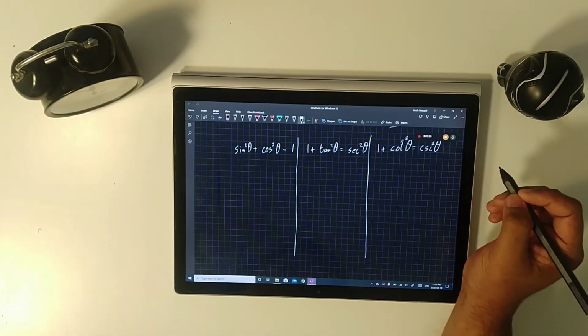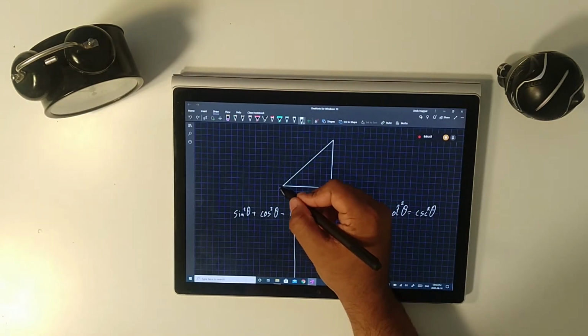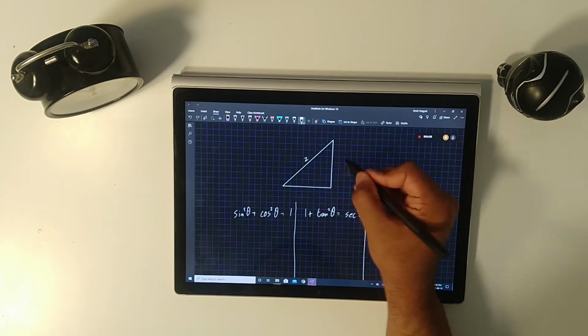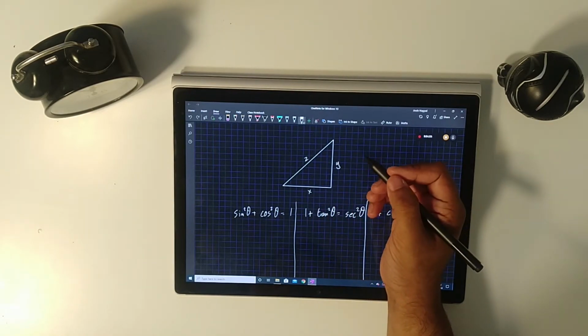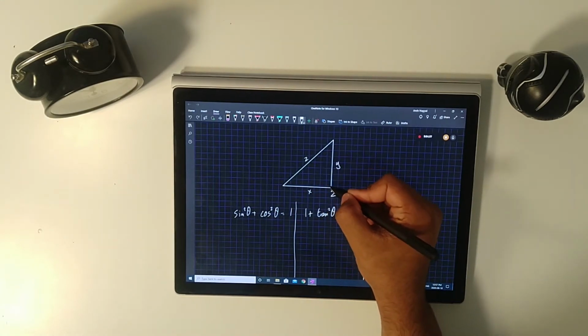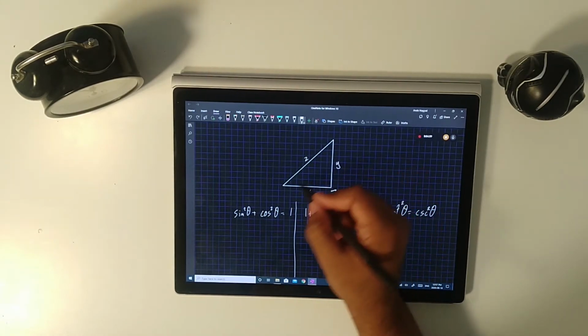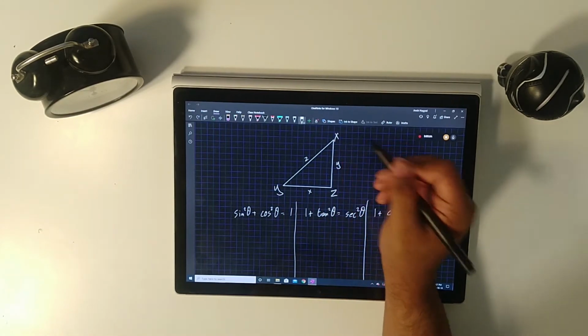Now let's make a triangle for them. Let's say that this is our triangle with sides z, y, and x. The angle opposite to z would be capital Z, opposite to y would be y, and opposite to x would be x.